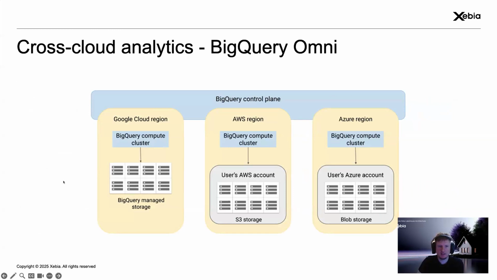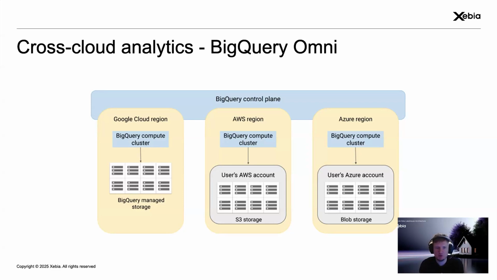Something very interesting, in my opinion, and really very new on the market is something called BigQuery Omni. BigQuery Omni allows us to do something like cross-cloud analytics, but you can see on this slide that BigQuery works on three clouds: in GCP, in AWS, and in Azure.